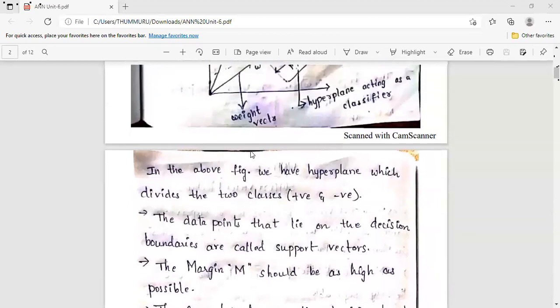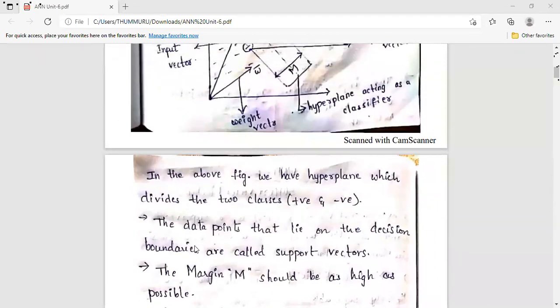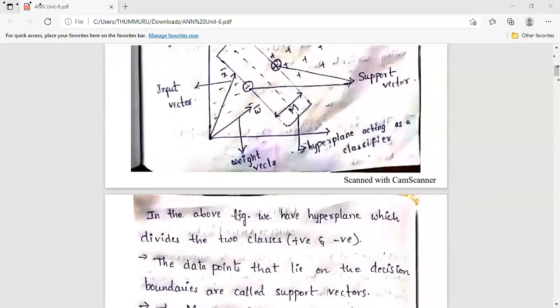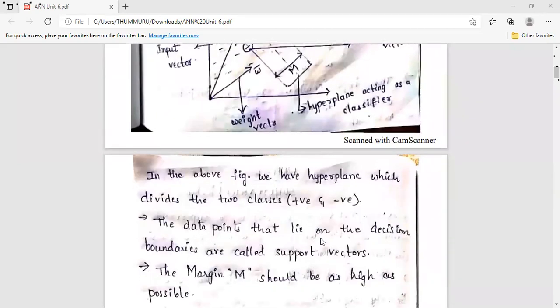So in the above figure, we have a hyperplane which divides the two classes, positive and negative. Here we have taken two classes, one negative and one positive, by drawing a single hyperplane, this dotted line. The data points that lie on the decision boundaries are called the support vectors.